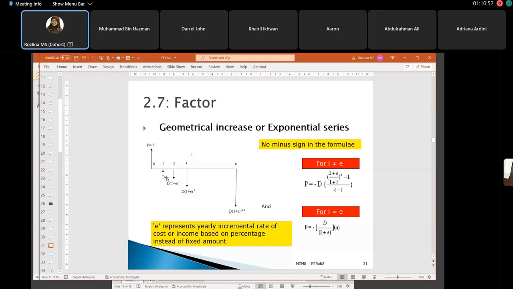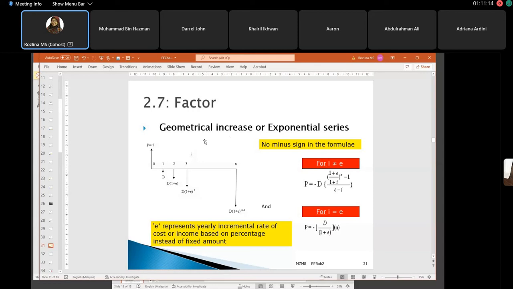So let's say the question says the increment from the first year is 10% every year. Whereas the G increment was RM100 per year. Ringgit is an amount. But this one is percentage, 10% per year.